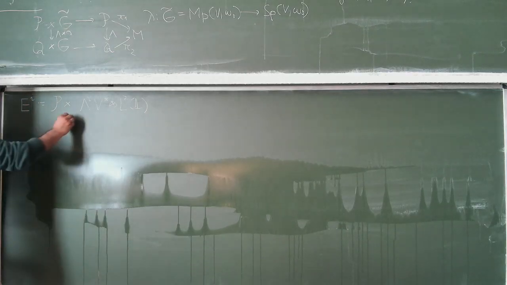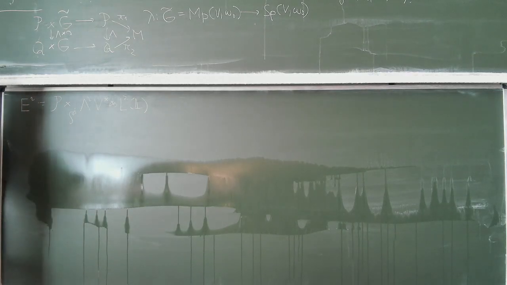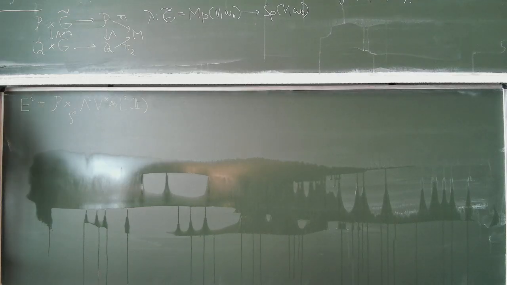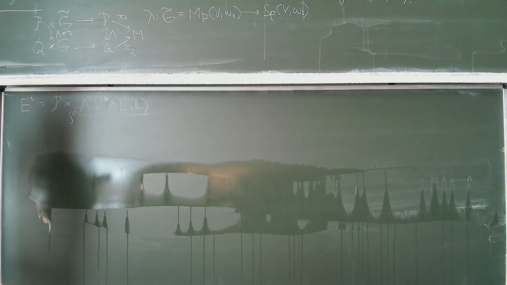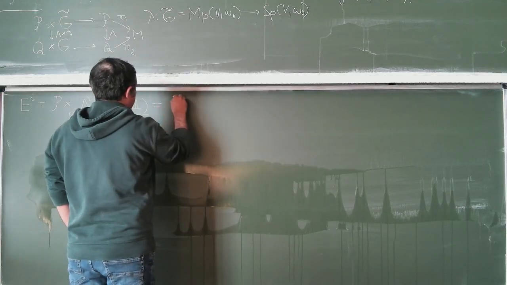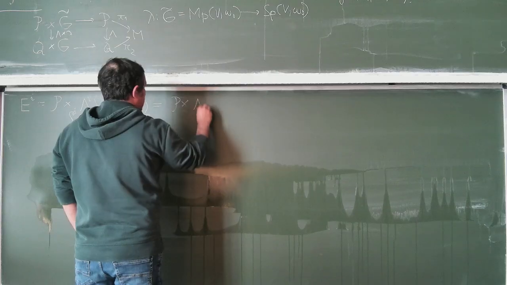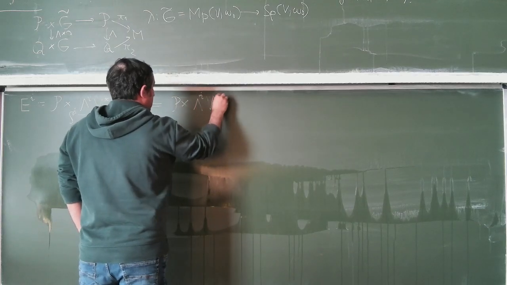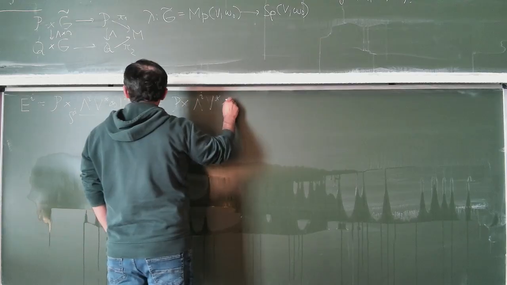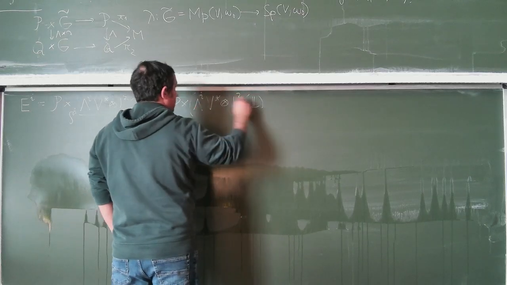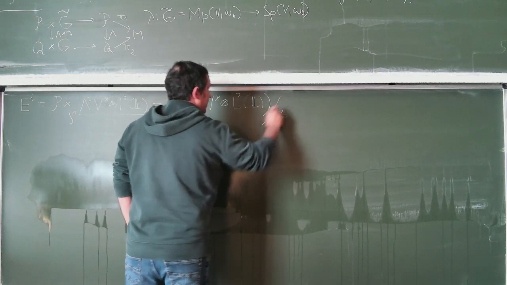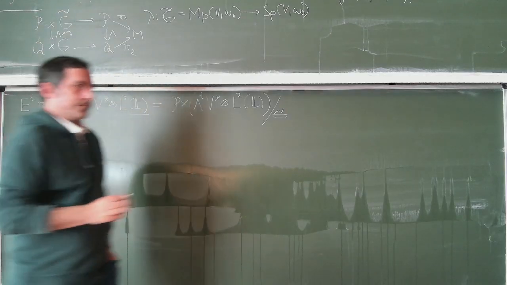So this space, what is it? It is somehow a replacement for the structure of MP by this vector space. So formally, it is a Cartesian product modded out by a relation of this type.